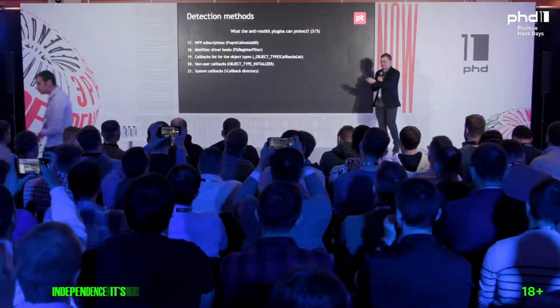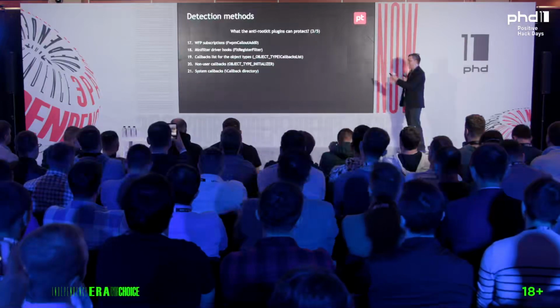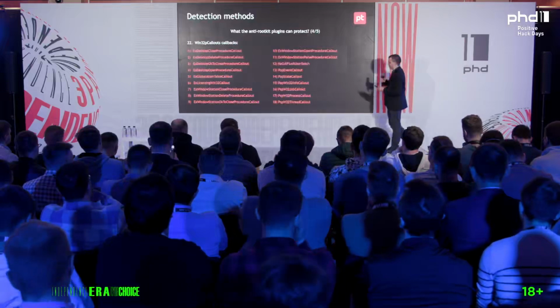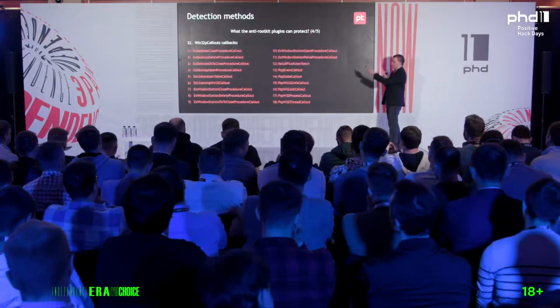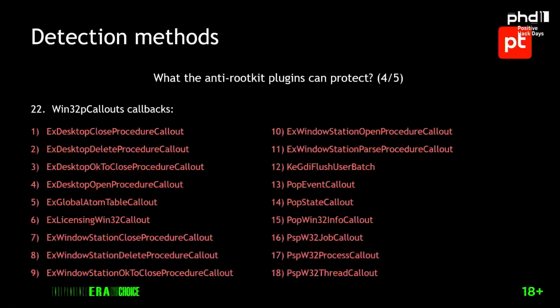Before we go to the callback list, we also have the WFP subscription list and lots of other callback structures, and it can take us a long time to discuss it. So, for example, there are these callbacks, Win32k callouts. So you can guess by the name what they're responsible for.